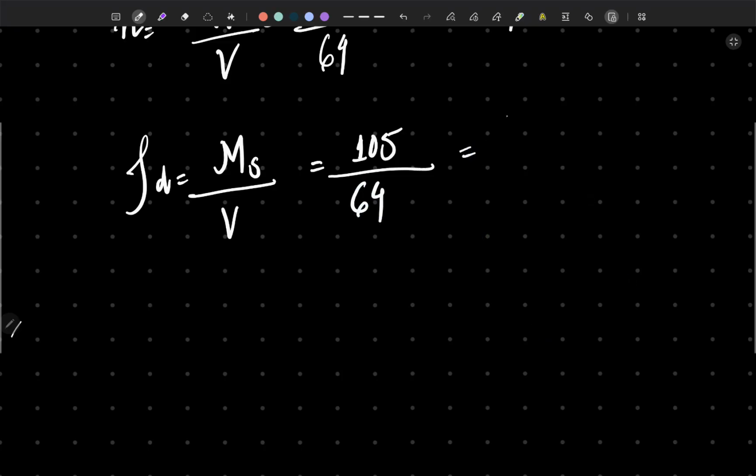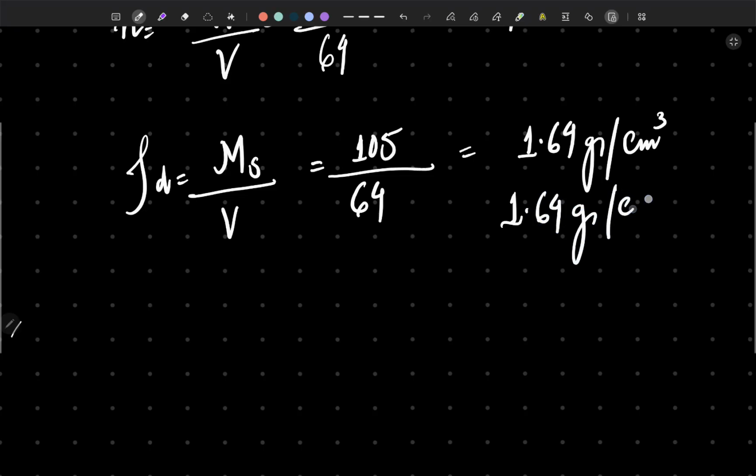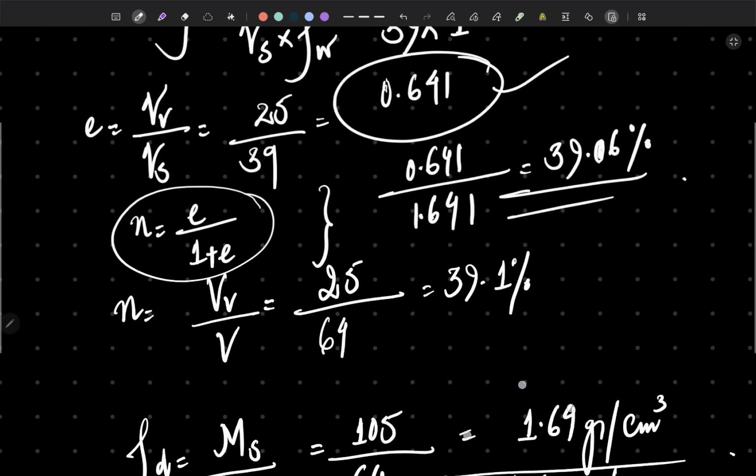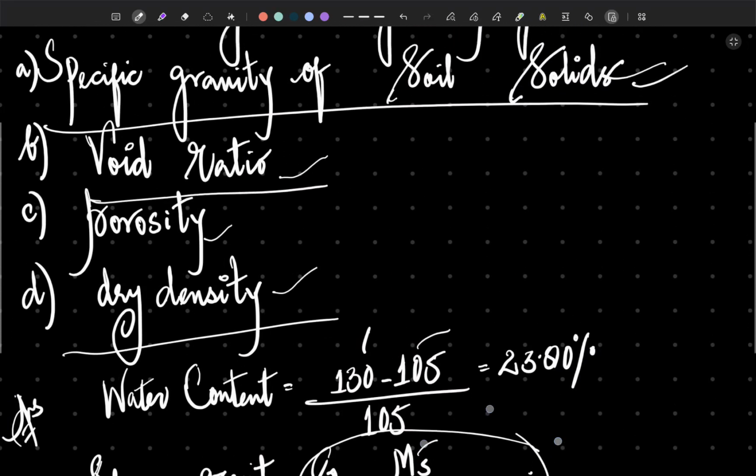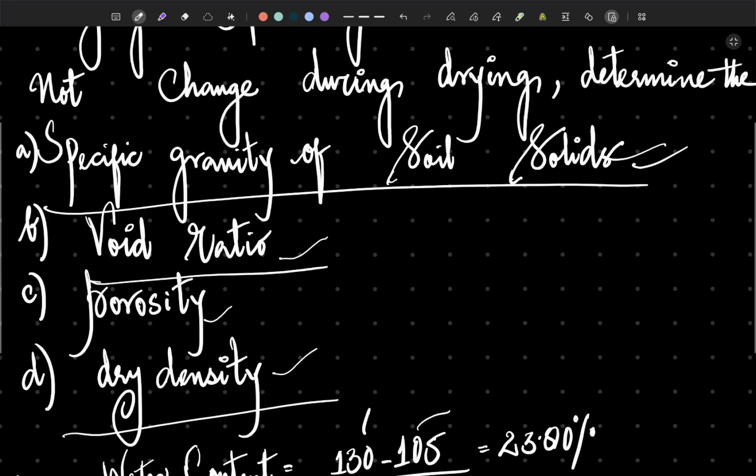By calculation, this dry density is equal to 1.64 grams per centimeter cube. Now we can write 1.64 gram per cc. So we have completed this question. We have found the values of all four parameters that the question demanded: the specific gravity, void ratio, porosity and dry density as well.